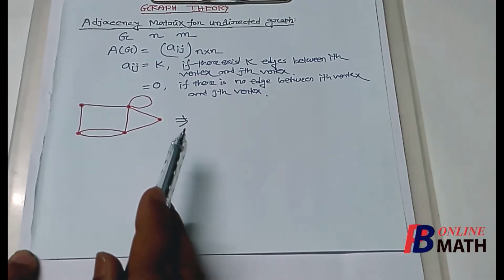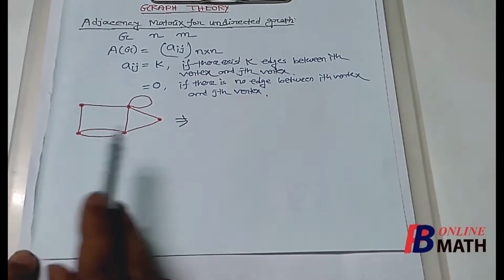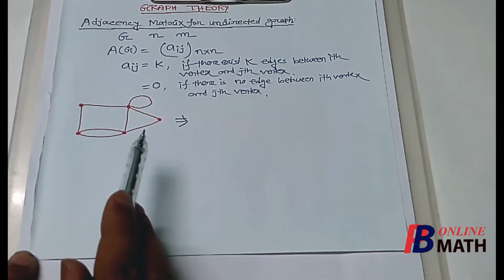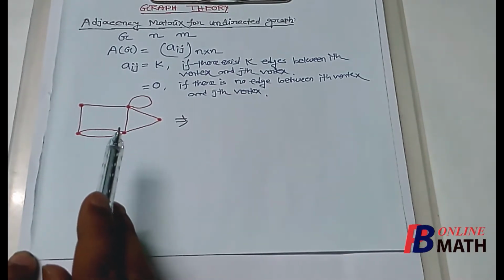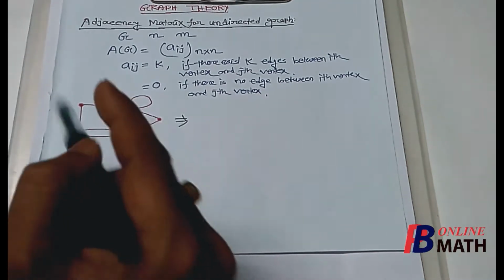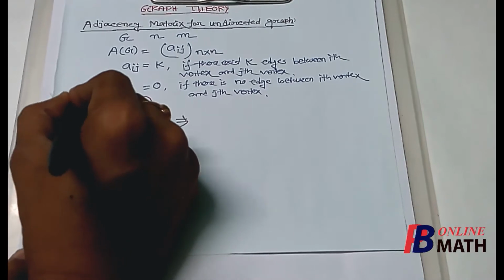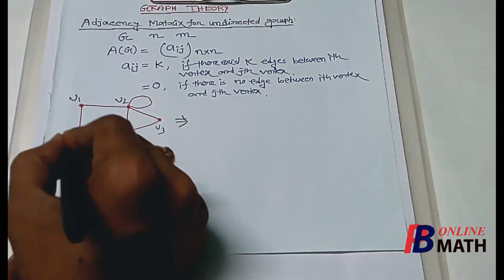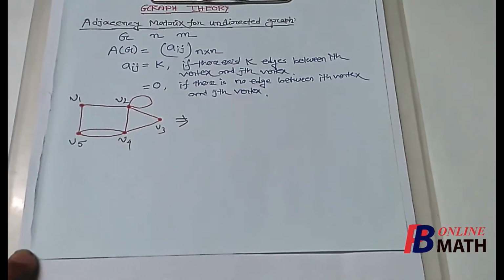Before we find the adjacency matrix, we first label the vertices. Now in this case, when we find the adjacency matrix, we just need to label only the vertices. No need to label the edges. So we label the vertices as V1, V2, V3, V4 and V5.